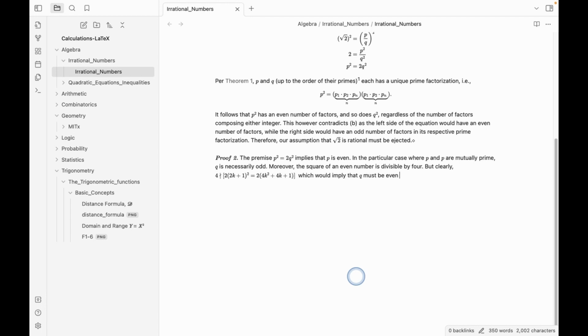Since 4 does not divide this squared even number, q must be even. And of course, that would produce a contradiction of our preceding stipulation regarding q, where we have taken q necessarily to be odd. And so we're done.